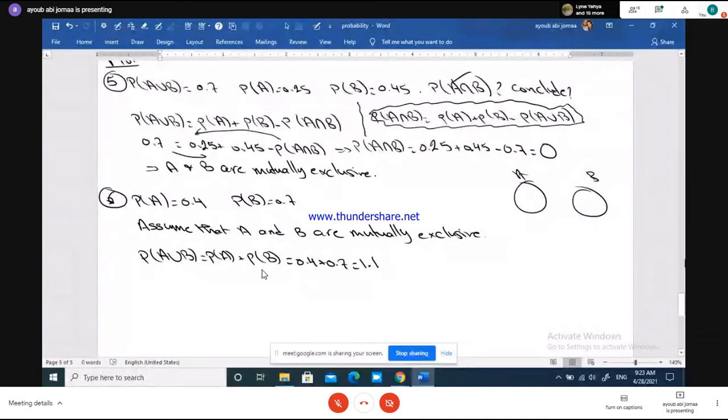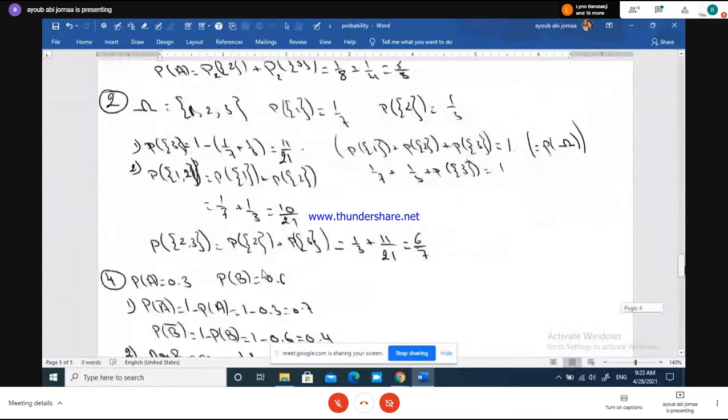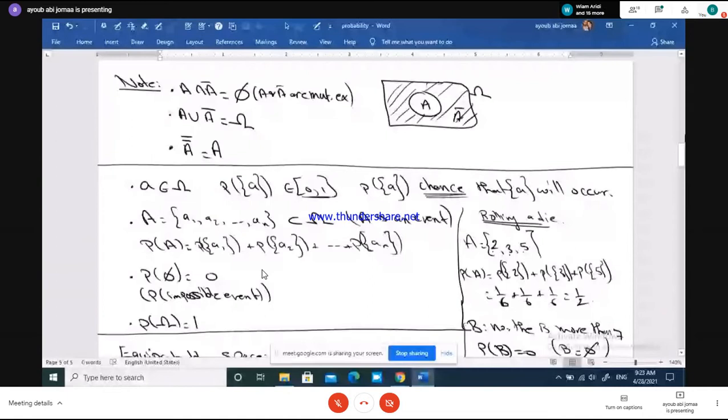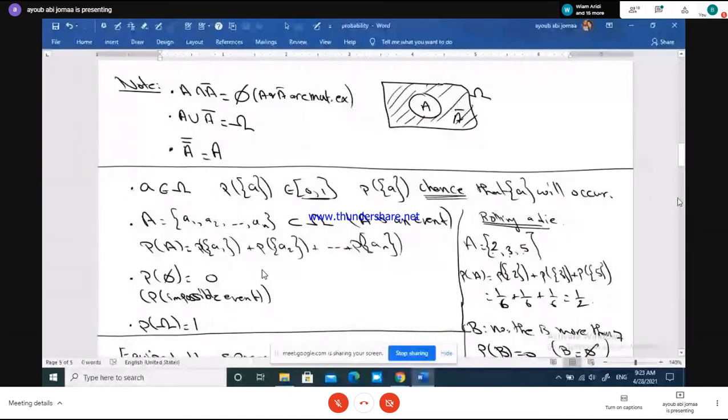What did we say about the probability, Omar? The range, the value of the probability. Between what and what? Between which two numbers?